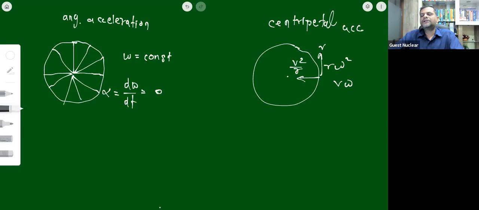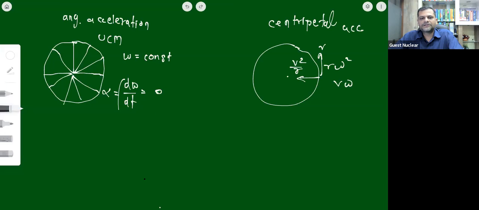Linear velocity का rate of change मतलब centripetal acceleration होता है, जबकि angular velocity का rate of change मतलब angular acceleration होता है. और जबकि यूनिफॉर्म सर्कुलर मोशन के अंदर angular velocity constant होता है, तो ऐसे केस में इसका जो डेरिवेटिव है या रेट ऑफ चेंज है तो वो जरूर 0 बन जाएगा.